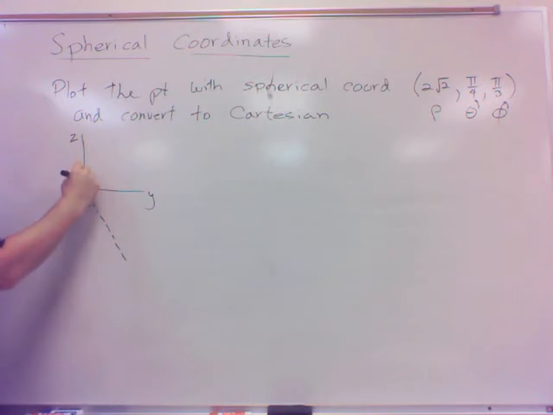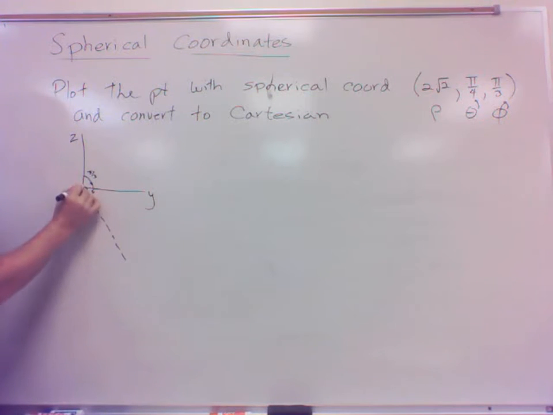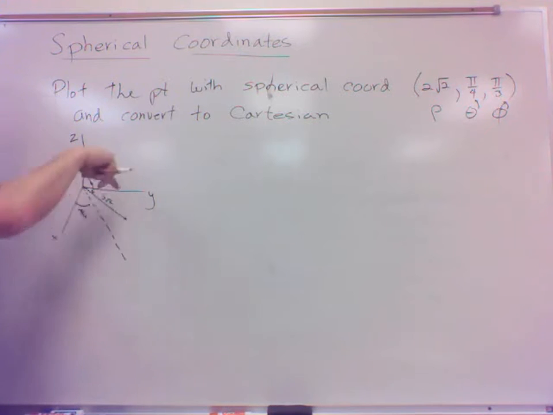So we're going to come out here and rotate pi over 3. This is pi over 4, and it's got to be kind of in this plane here. And the rho tells us how far from the origin we're going to go out, so 2 square root of 2 units out there, and so we're somewhere out, sitting out in space right about here.